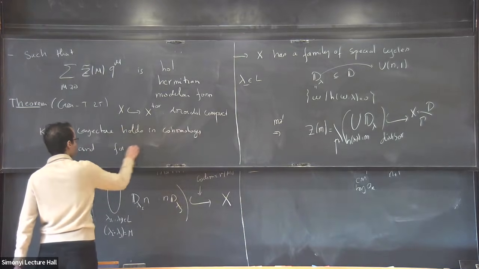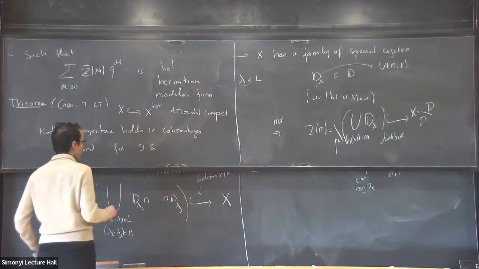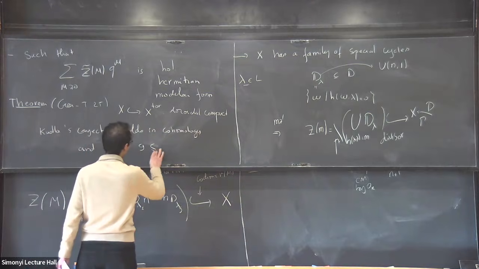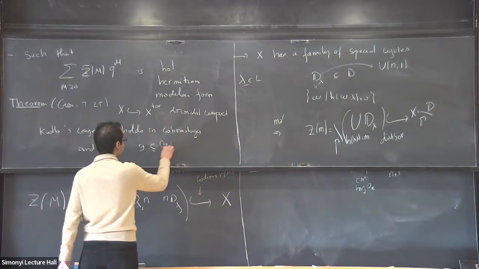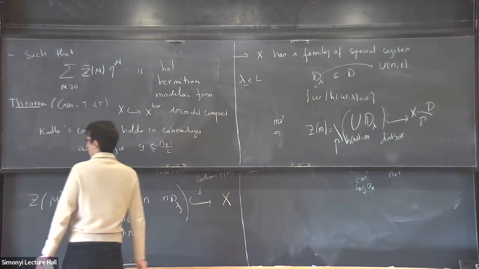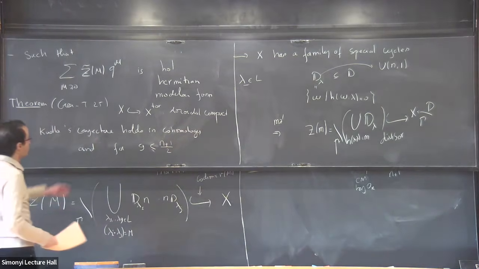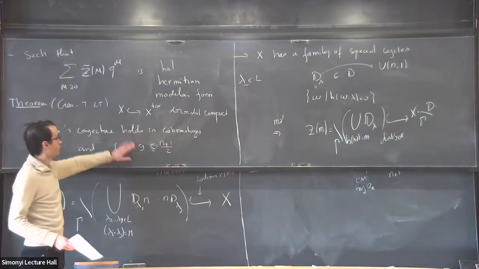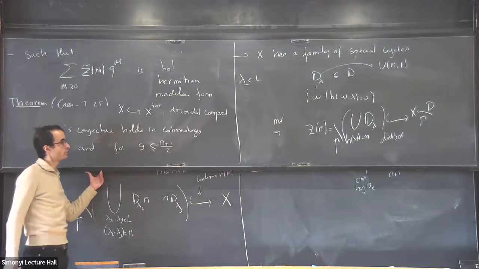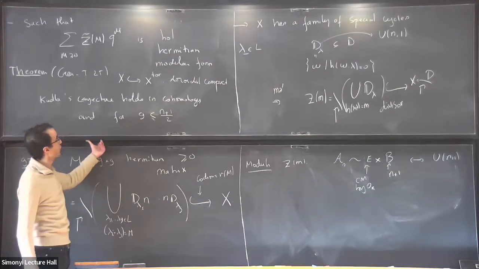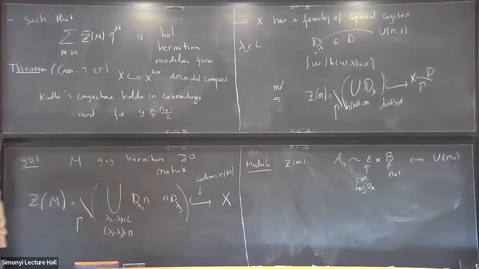So for g strictly less than n plus 1. The dimension of the Shimura variety is n plus 1, and the boundary is of dimension n. So if you are in this range, then we are able to construct explicitly some correction with boundary cycles.